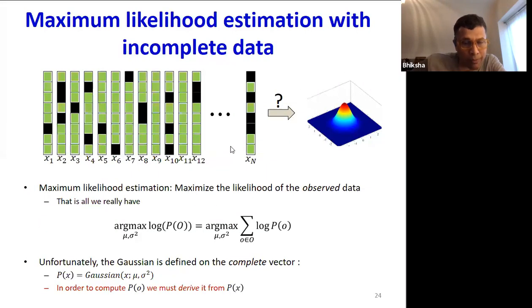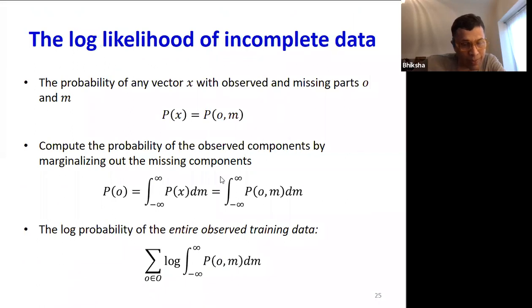So your maximum likelihood estimate is going to have to maximize the log likelihood of the observed data, the green components. That's all you have observed. And unfortunately, when you write out the Gaussian, the formula is over the entire vector, not just over the green components. So what do we do?